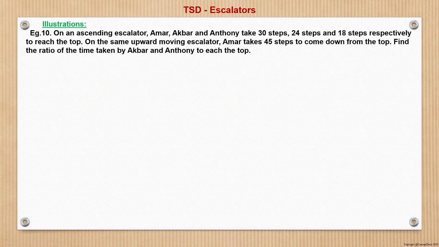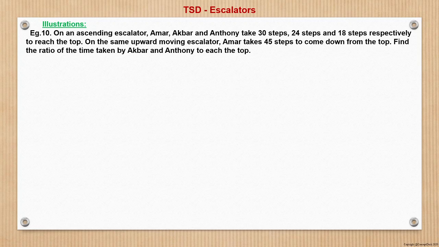Moving to question number 10, I believe this is the last question for this session. It says that on an ascending escalator, Amar, Akbar, and Anthony take 30, 24, and 18 steps respectively to reach the top. On the same upward moving escalator, Amar takes 45 steps to come down from the top.